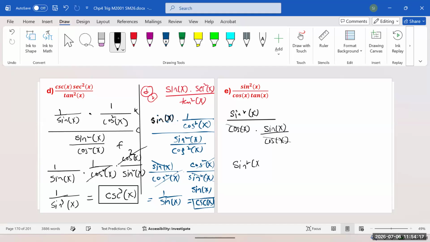So we have sine squared x divided by sine x. We cancel, we are left with sine of x. So see, most of the answers at the end are sine or cosine. Not always, but mostly.